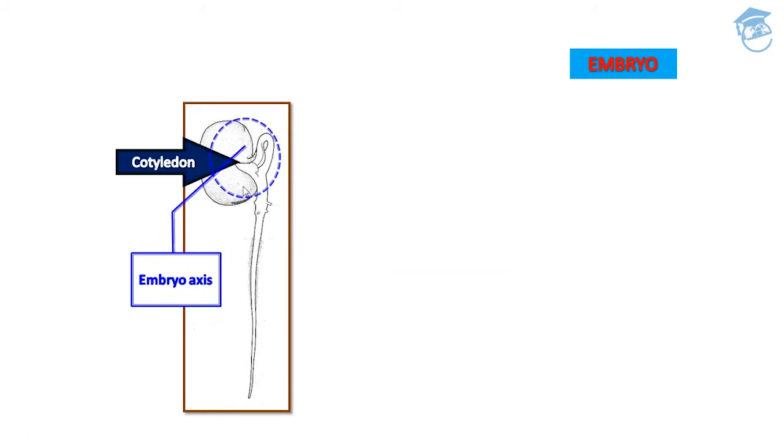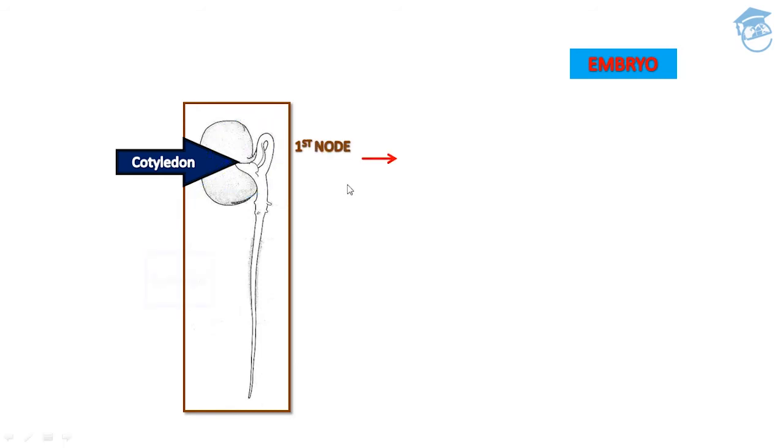Okay, so let's talk about the embryo now. See, this is the cotyledon, which is the initial leaf that sprouts out from a seedling just after germination. And this is the embryo axis, which is also called tigellum. First note, this is the plumule, which gives rise to the shoot system in the later stages of progression.